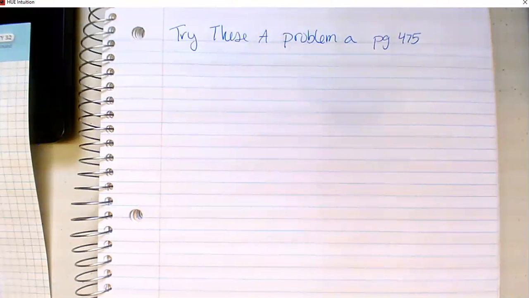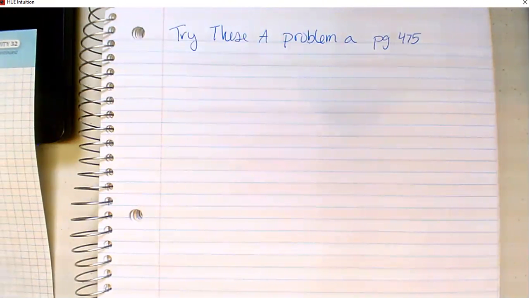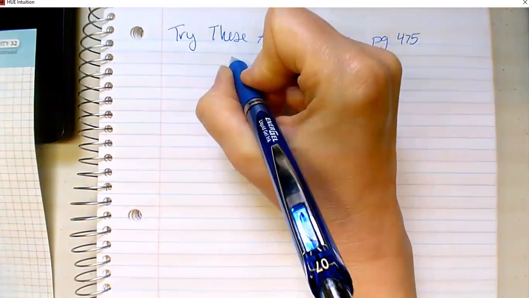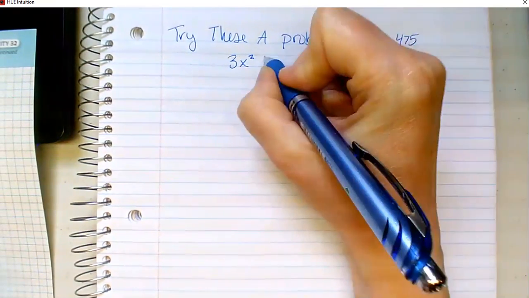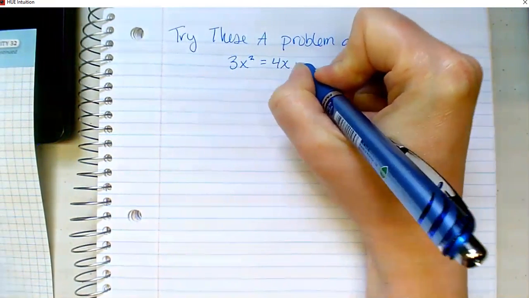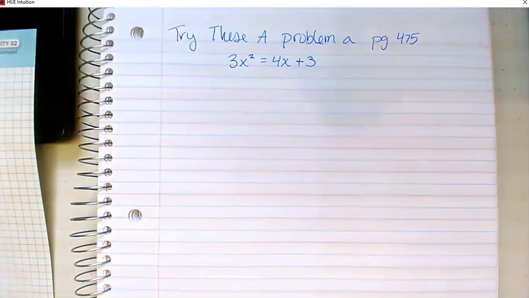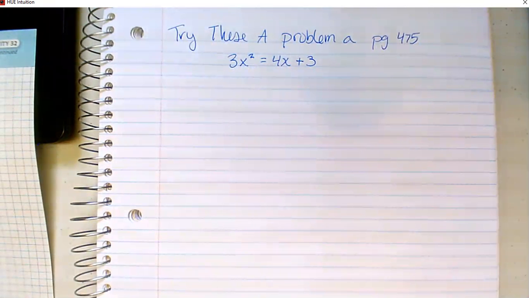Try problem A on page 475 using the quadratic formula, just to give you another example of how to work these problems and find the x-intercepts. The example is 3x squared equals 4x plus 3. Step one, you want to put this quadratic in standard form.